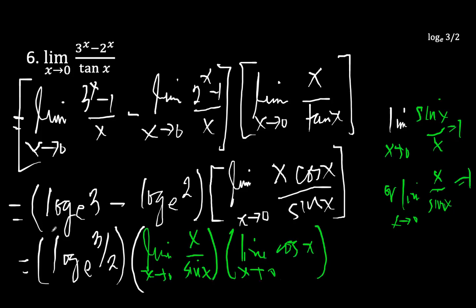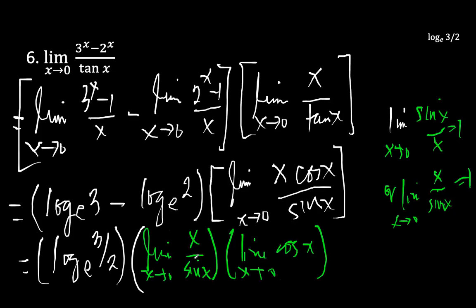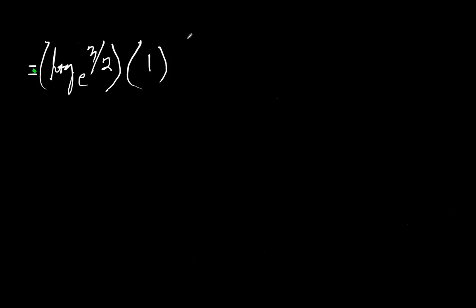So let's solve it on the next slide, and I will copy the first factor. The first factor is the logarithm of 3 over 2 base e times, what's the limit of x over sine x as x approaches 0? That's equal to 1. So that's 1.